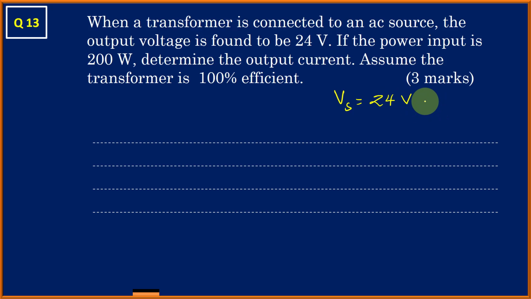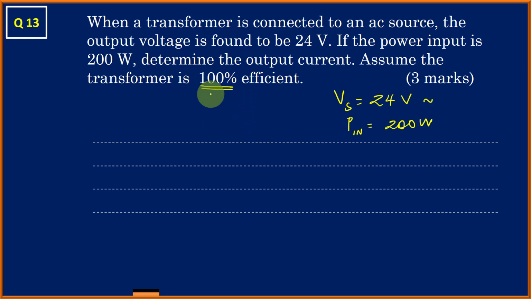Of course, it is AC. If the power input is 200 watts, determine the output current. Assume the transformer is 100% efficient.